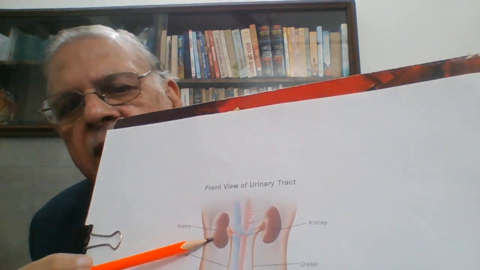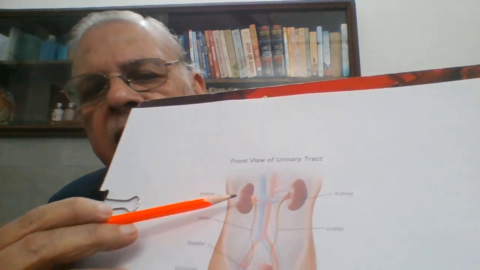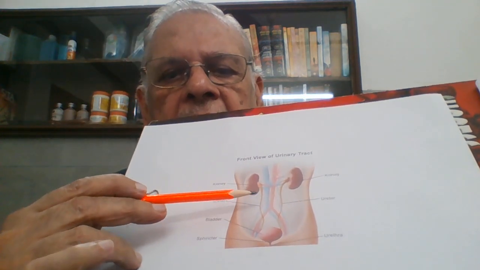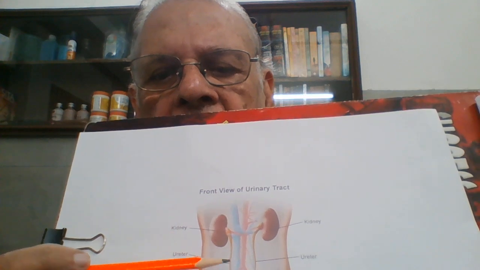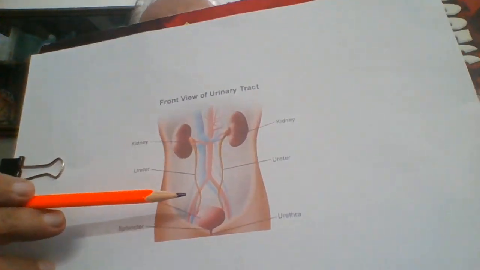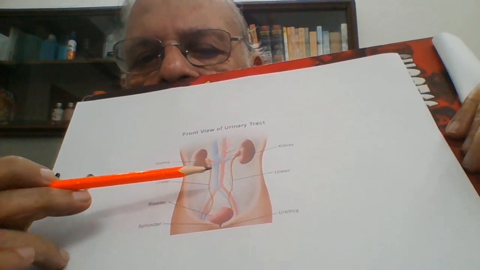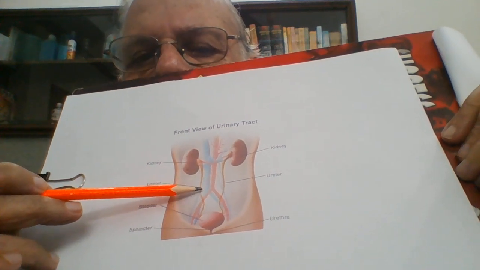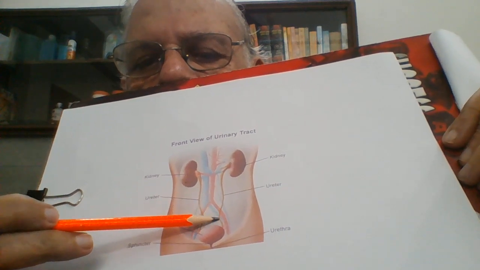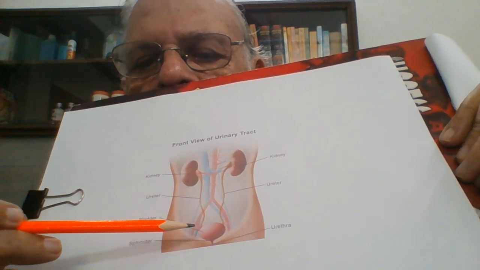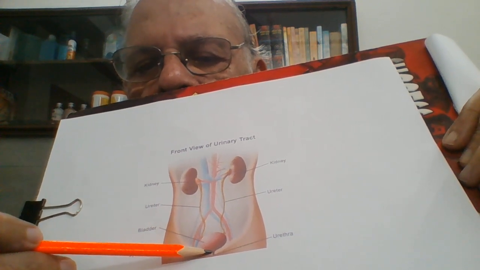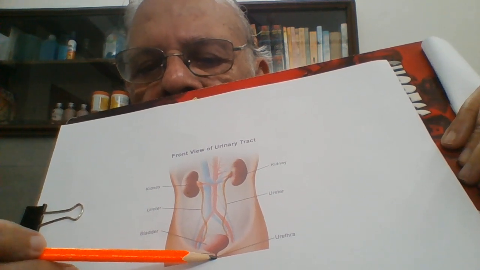Here, where my pencil is, it is a bean-shaped organ, on both sides, and from the organ, this is going down. This is the ureter. Look at this. This is the ureter, both sides. You can see this ureter is going here, here. In another structure, this is called the urinary bladder. And from the urinary bladder, it goes out.